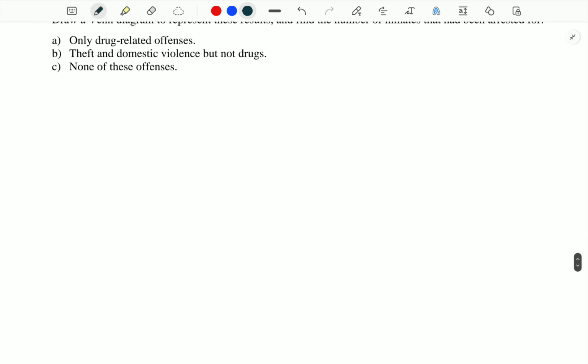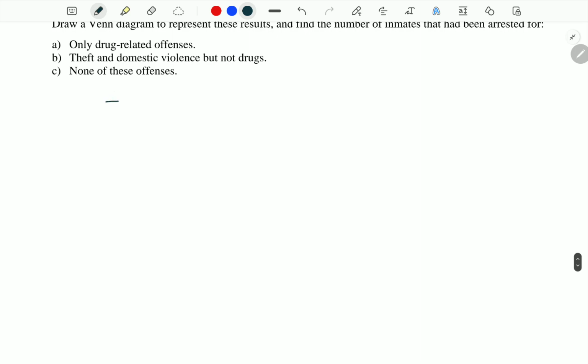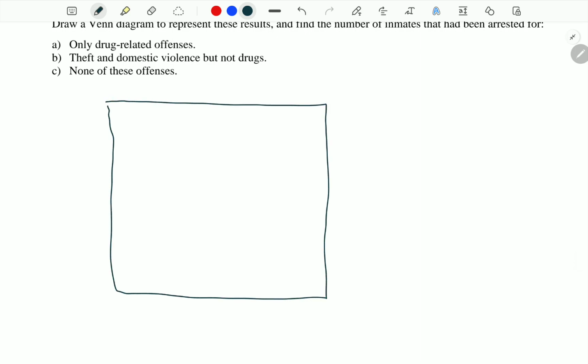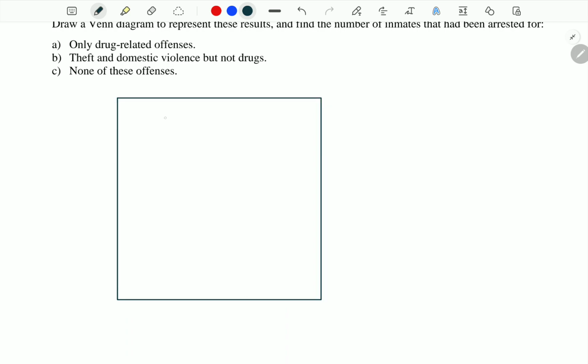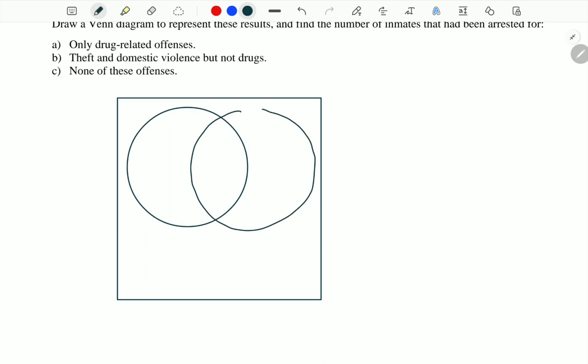So I'm going to scroll down real quick, and I'm going to draw a 3-circle Venn diagram to the best of my abilities, of course, because we're not artists over here. Okay. And I'm going to label each set.